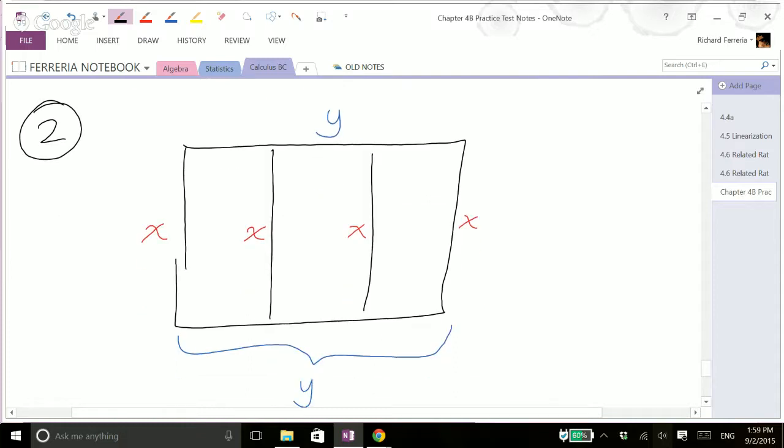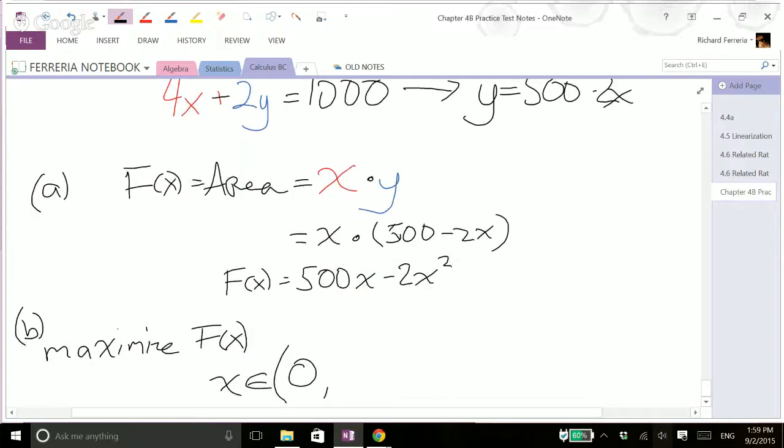Y can't be 0. Y could also be 1/2 or 1/4 or 1/8, but it will approach 0 to maximize x. So as y approaches 0, what does x approach? X approaches 250. So we know that x must be some number between 0 and 250.